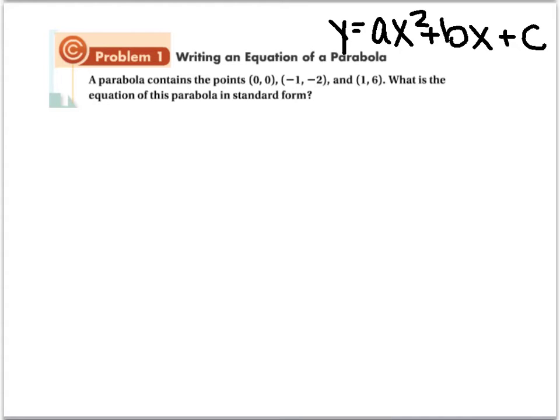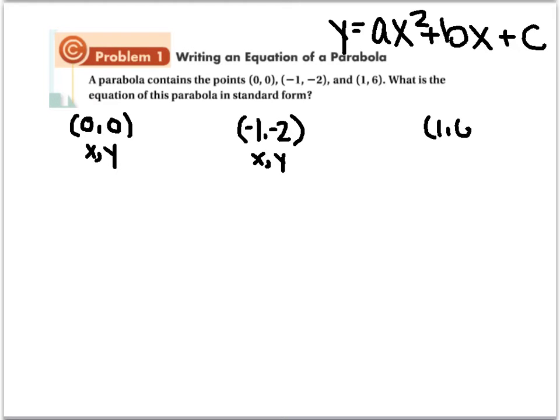And this is how we're going to find them. We're going to set up 3 different equations. The first time, we're going to use 0, 0 as our x and y. And then we're going to use -1, -2 as our x and y. And then we're going to use 1, 6 as our x and our y.